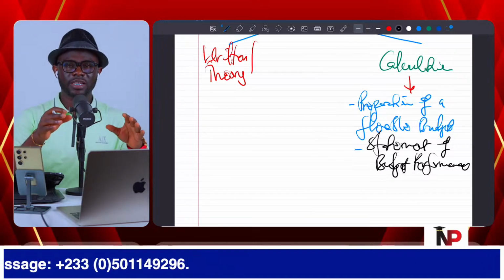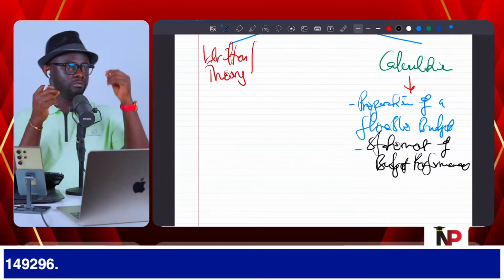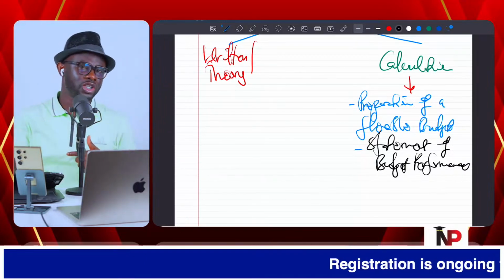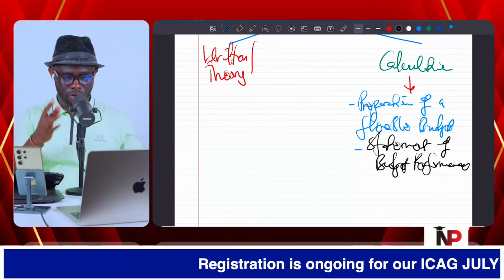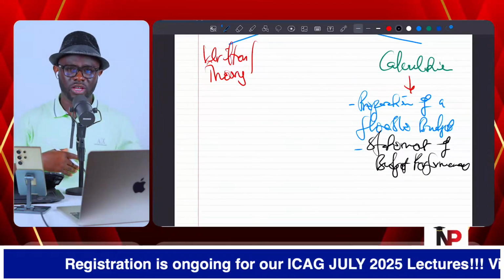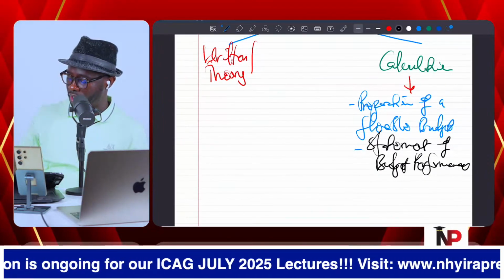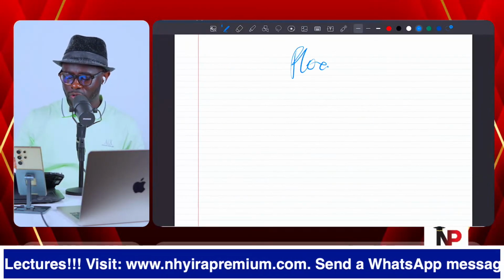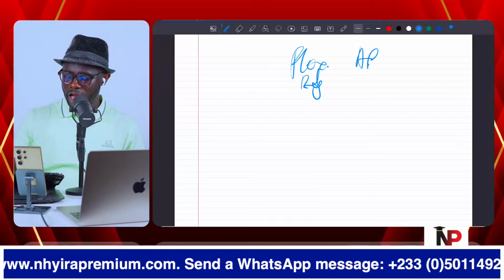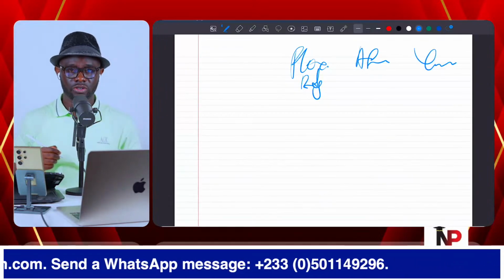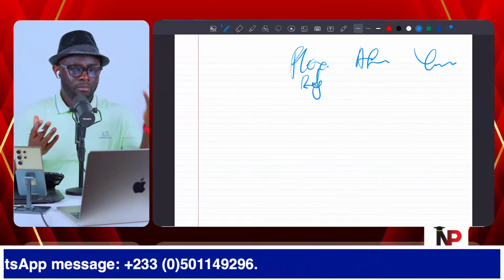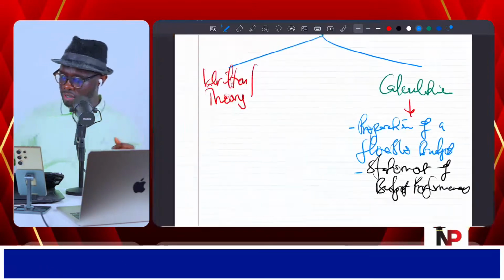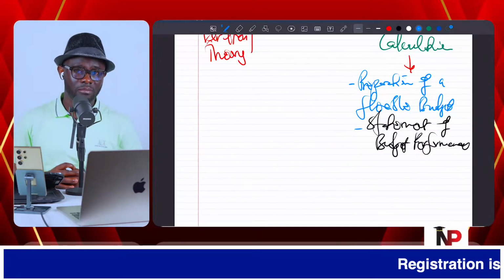Now, the flex budget is where you are just re-preparing the original budget, taking into consideration the actual activity that has been undertaken. We're going to look at this. There's a summary video about it as well in the mobile application. The statement of budget performance is where you are bringing your flexible budget, you bring your actual, then you get your variance. So you want to find out, based on the flex budget and the actual, is there an adverse variance or favorable variance? So the examiner can ask us something about that.